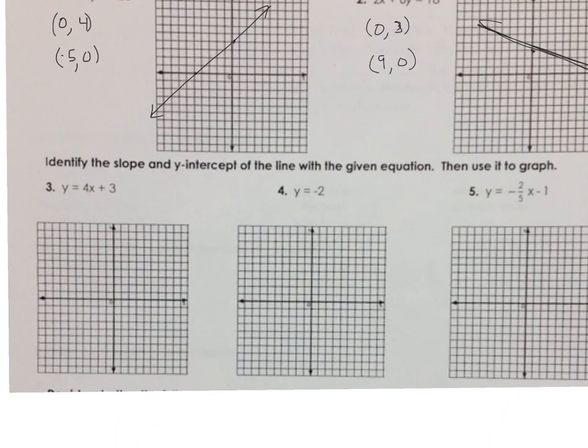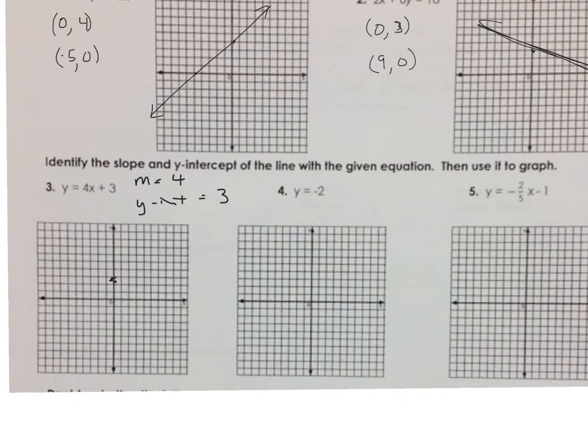Number 3, it says identify the slope and y-intercept of the line and then graph. Well, on number 3, my slope is 4 and my y-intercept is 3. So, to use this information to graph, I go to my y-intercept, 1, 2, 3.